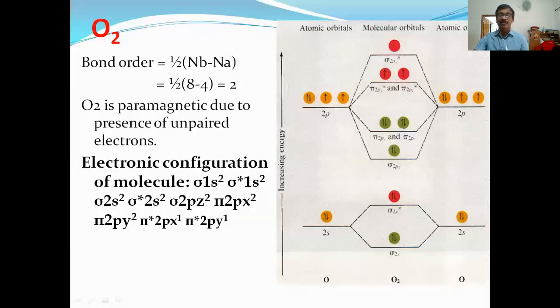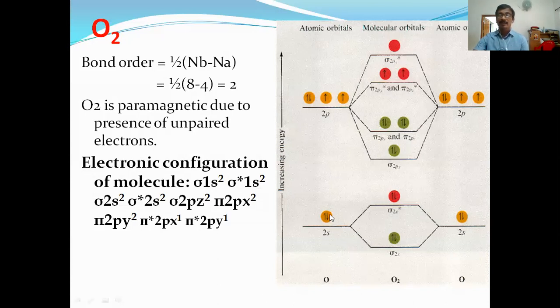This is a case of oxygen. The atomic orbitals of oxygen, 2s and 2p, the valence shell, is considered. What is the electronic configuration of an oxygen atom? 1s2, 2s2, 2p4.